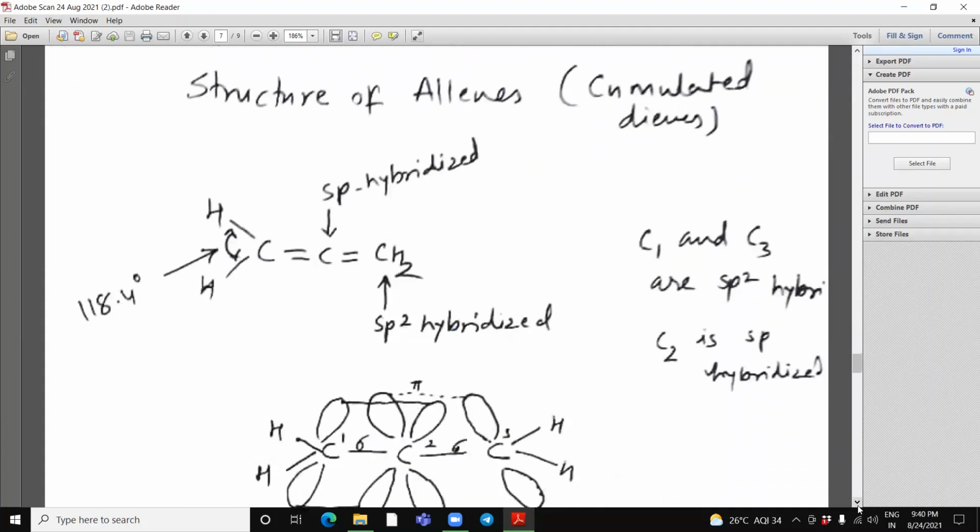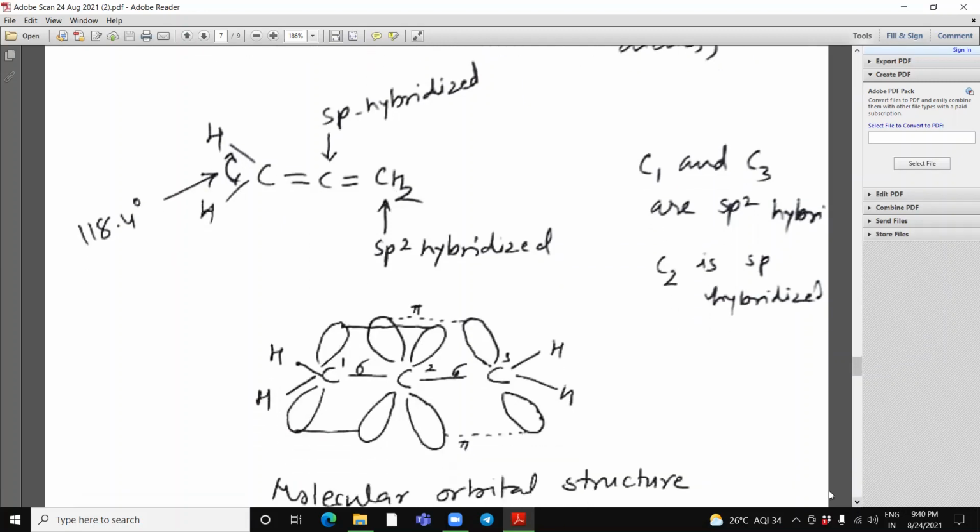Structure of allenes, cumulated dienes. See here, the central carbon is sp hybridized, the others are sp2 hybridized. Bond angle is 118.4 degree. C1 and C3 are sp2 hybridized, C2 is sp hybridized.